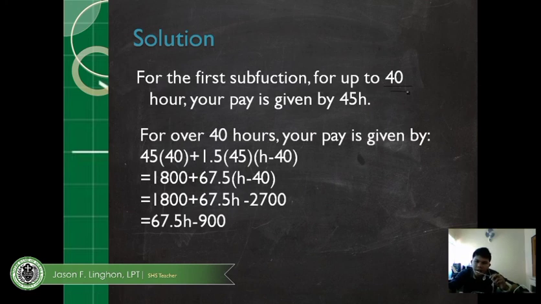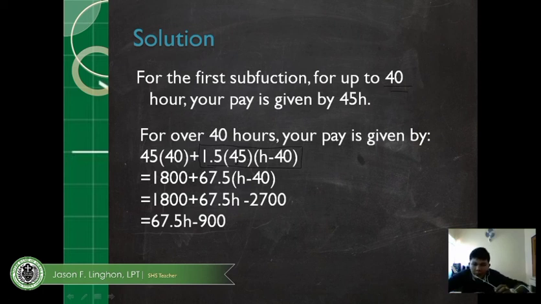So for over 40 hours naman, your pay is given by 45 times 40 plus 1.5 times 45 times H minus 40. 45 times 40, kasi nga, dyan ka magsa-start. Multiplied mo kung magkano yung hourly wage mo, which is 45, no? Plus, dito na madadagdag yung incentive mo na 1.5 times the hourly wage.